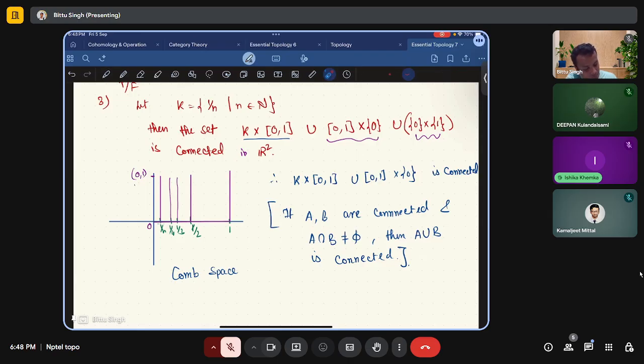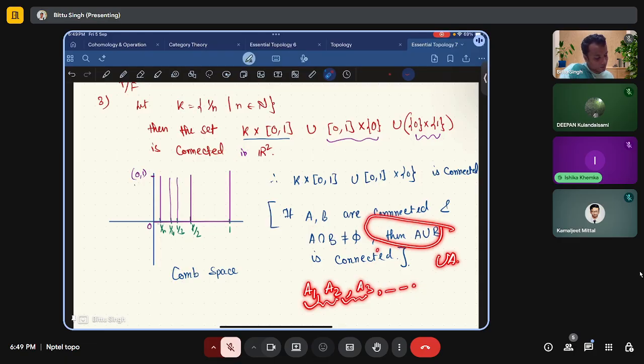If you write this for the infinite case, A1, A2, etc., then the same property will hold, provided some pair has non-empty intersection, that is, two consecutive pairs. If A1, A2 has non-empty intersection, and A2, A3 has non-empty intersection, like this, then the same conclusion will follow.